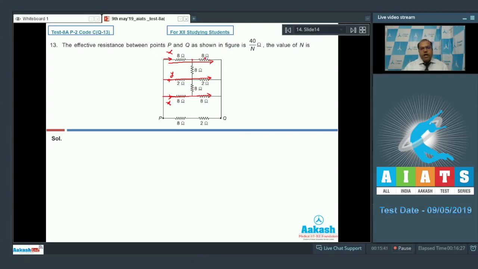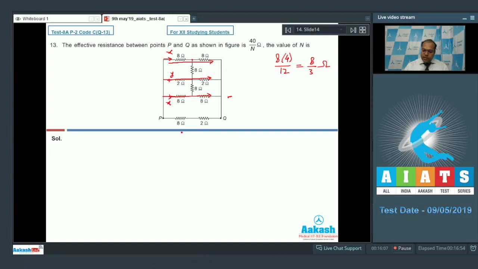In that situation, these 8 and 8 are in series, so the resultant is 16, and the resultant of this branch is also 16. So 16 and 16 are in parallel, so the resultant is 8, and this 8 is in parallel with this 4. So the equivalent of these three branches comes out to be 8 into 4 divided by 12, which is 8 by 3 ohm.